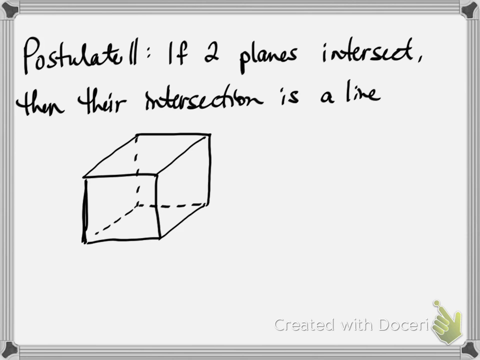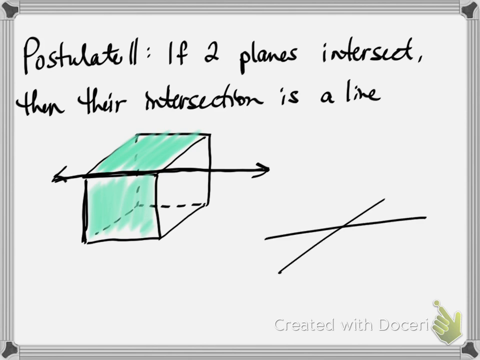First thing I want to talk about is that 2 planes don't have to intersect. We can talk about the top and the bottom. They have no intersection at all. They're never going to cross. They're parallel. But if 2 planes do intersect, like maybe the top and the front, then they are always going to intersect in a line.